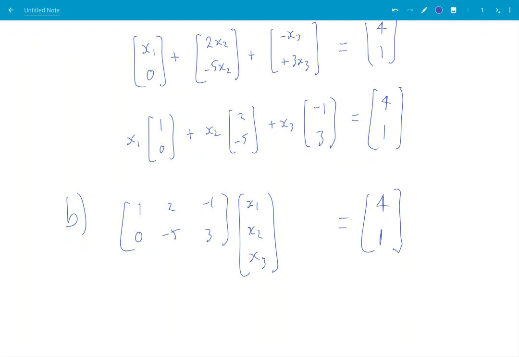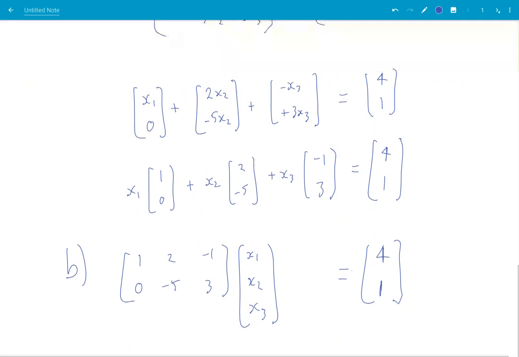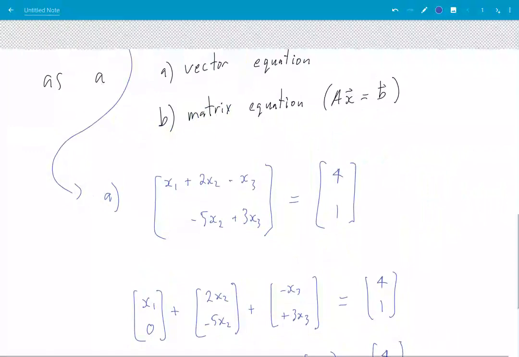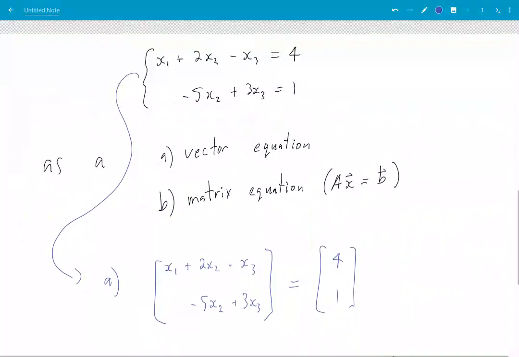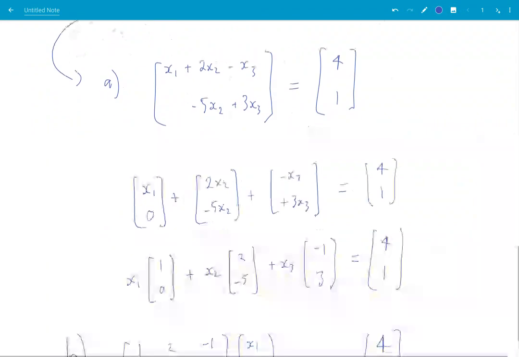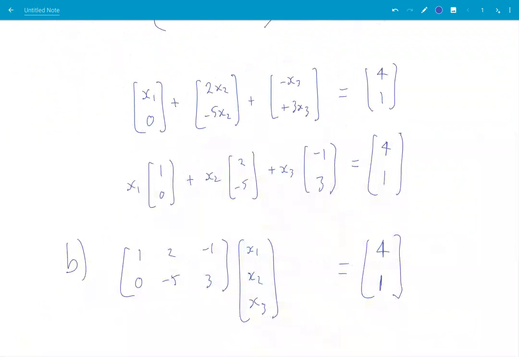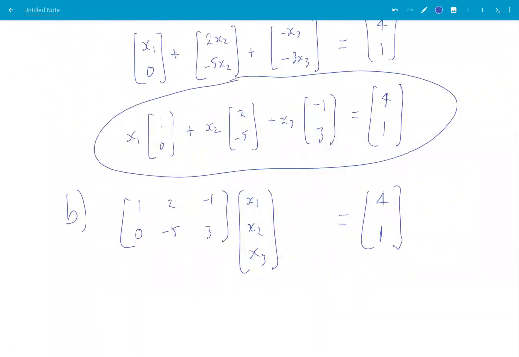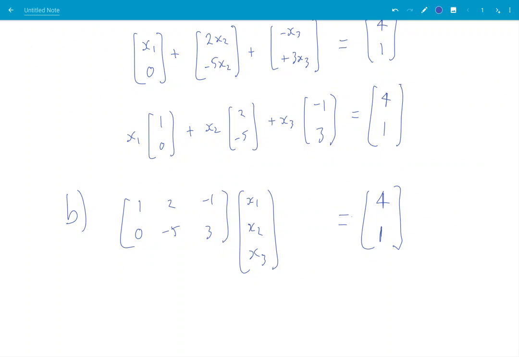Okay, so what does this tell us? It tells us that when you have a linear system, you can think of it as a vector equation, and you can also think of it as a matrix equation.